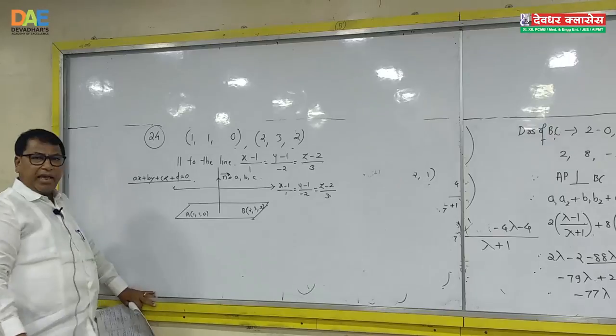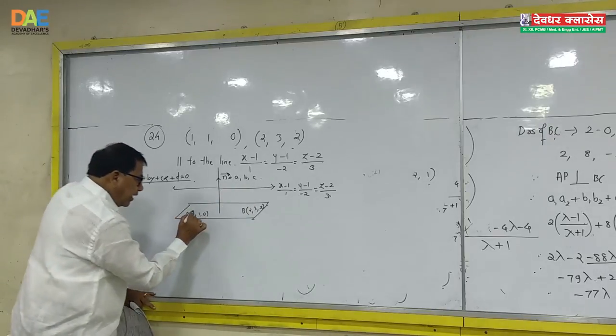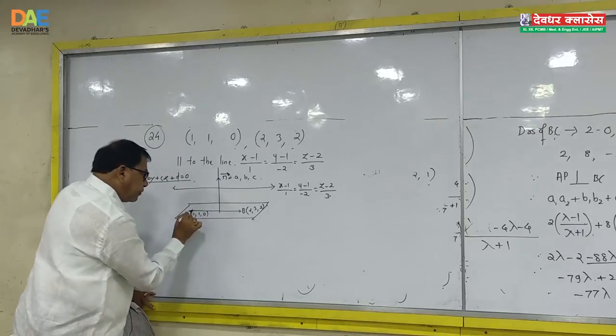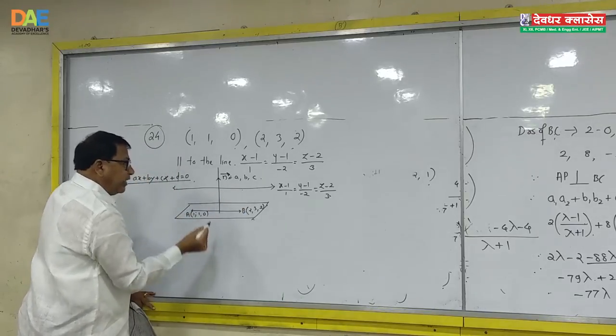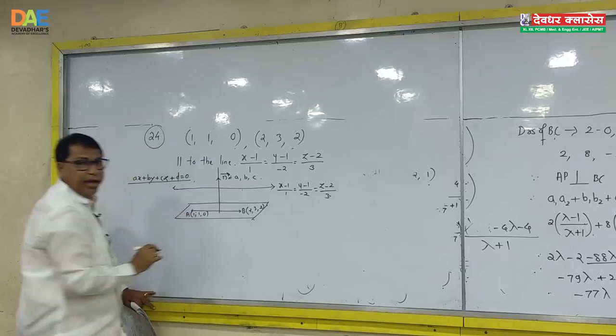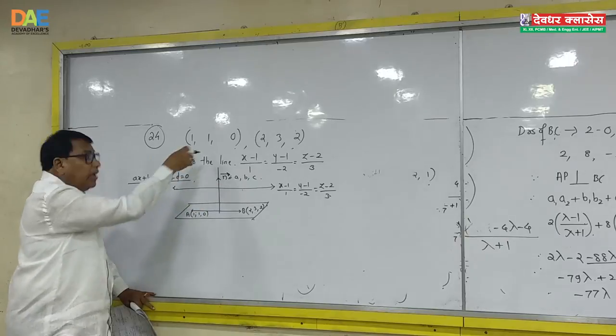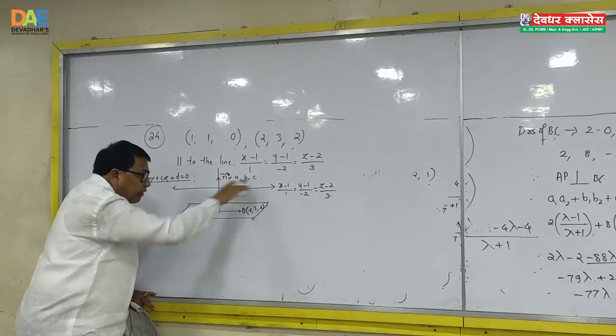So we require a, b, c now. How to find a, b, c? Because the plane is parallel to AB and line L, the normal is perpendicular to AB and this line. So we know how to find the DRs of the line which is perpendicular to two given lines.